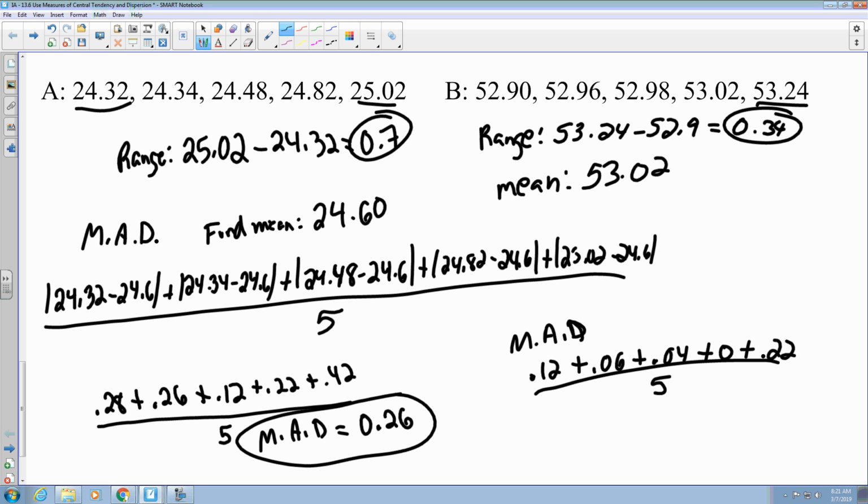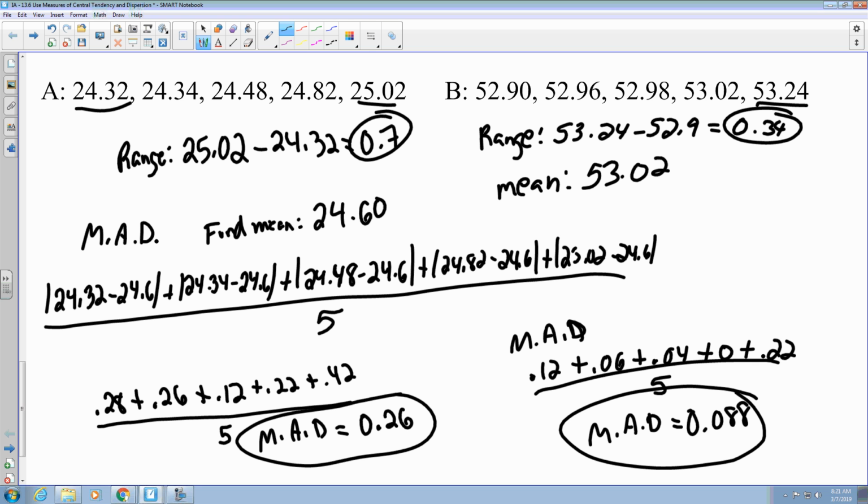Divide this by 5. We get a mean of absolute deviation equal to 0.088. Okay?